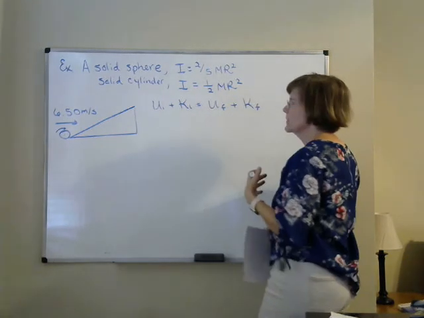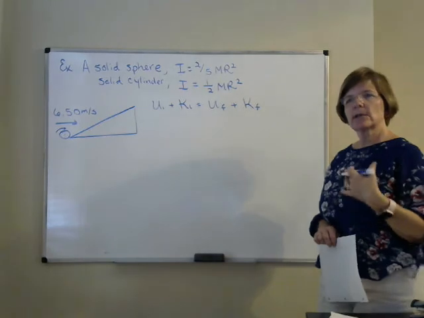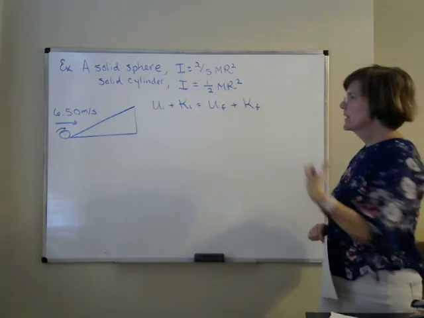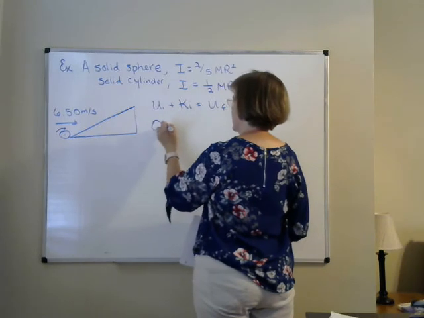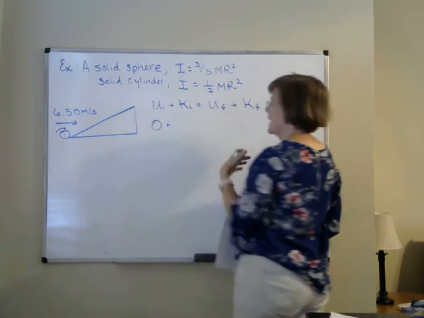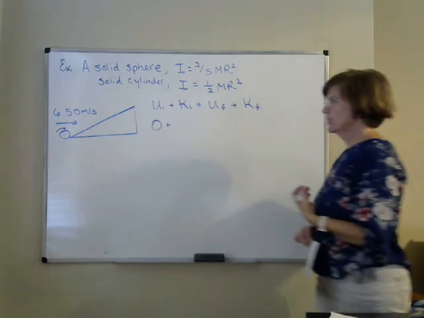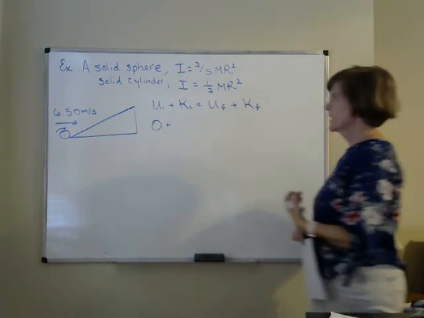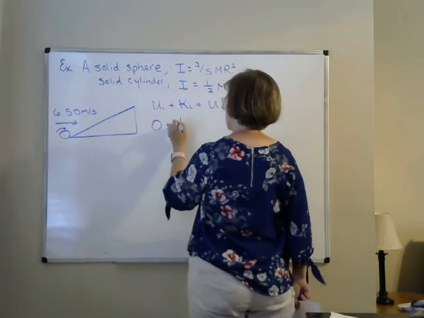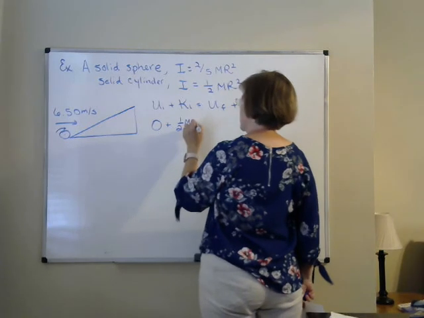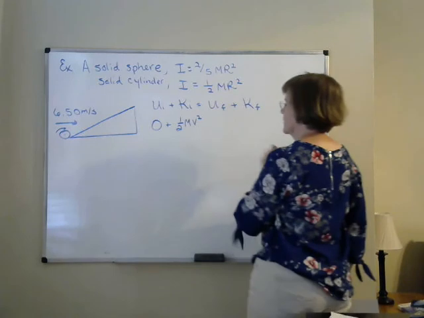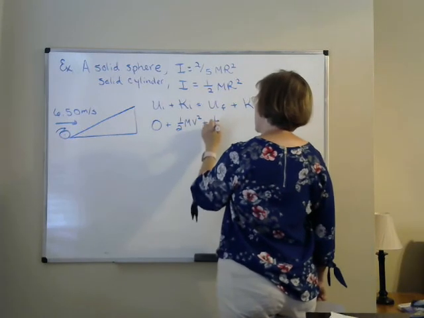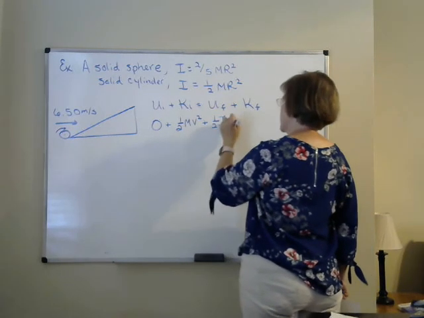So we have our initial, let's do the sphere first. We're going to look at the sphere. For the sphere, it starts on the ground. This is 0. It has two types of kinetic energy because it is translating and rotating. It's 1/2 mv squared plus 1/2 I omega squared.